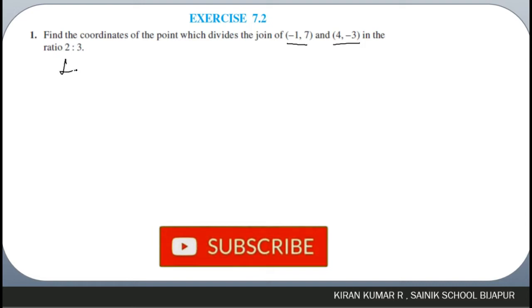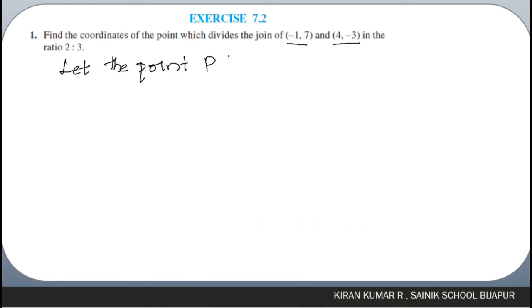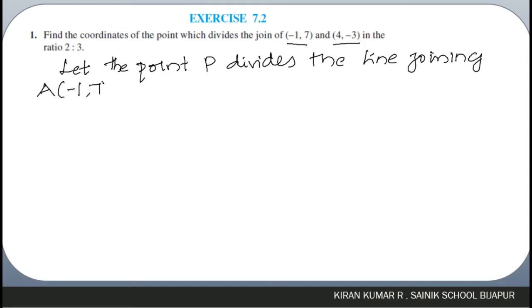Let me consider the point P divides the line segment joining the point A, which is -1, 7 and B 4, -3 in the ratio 2:3.